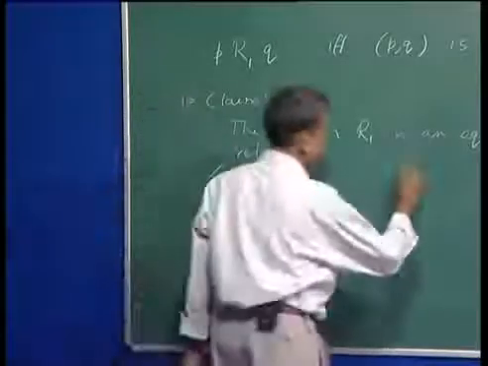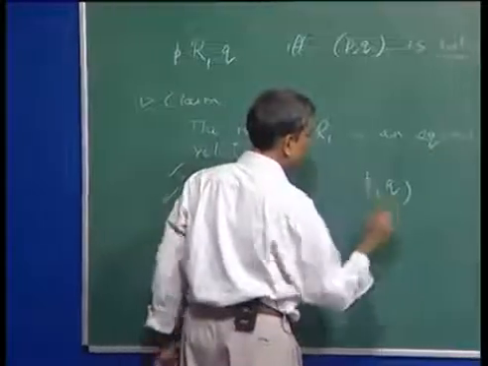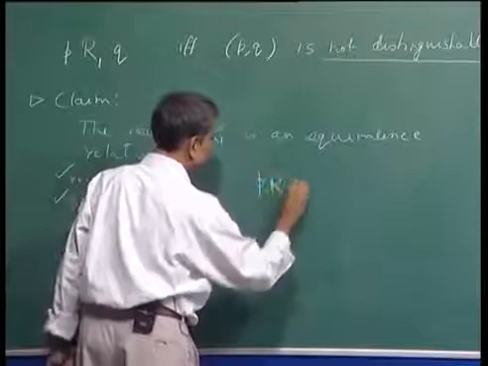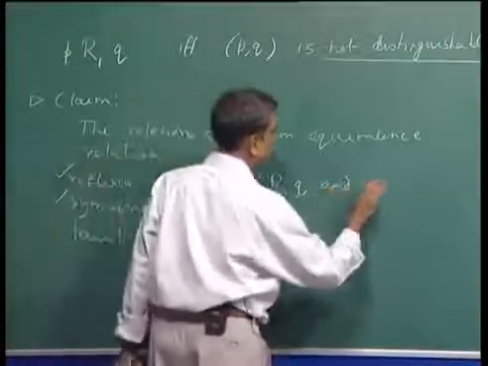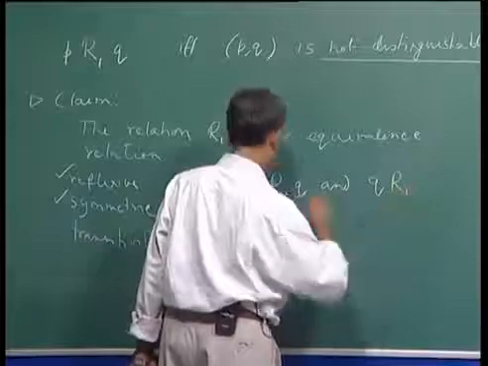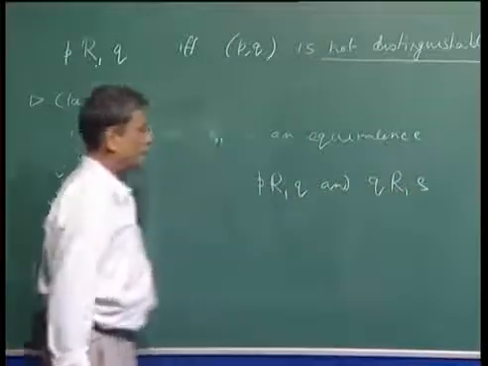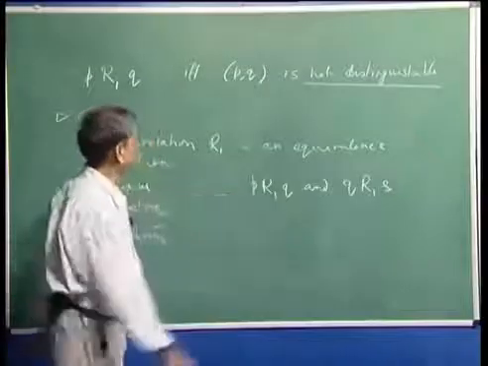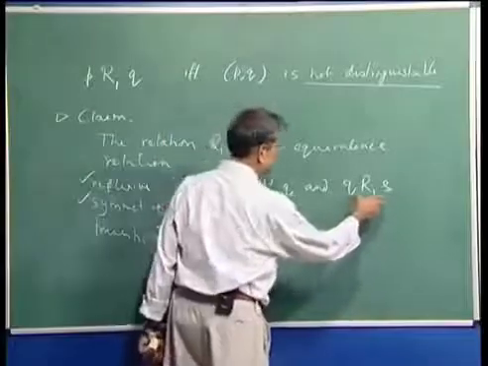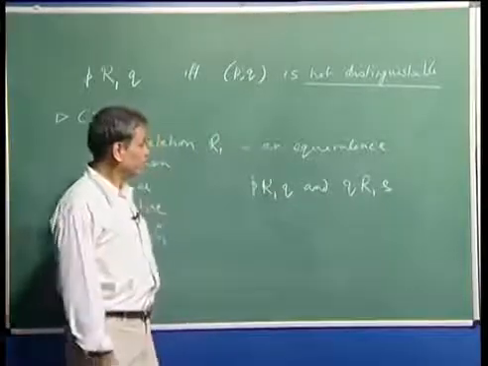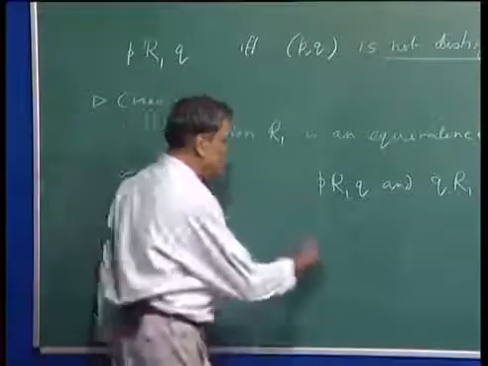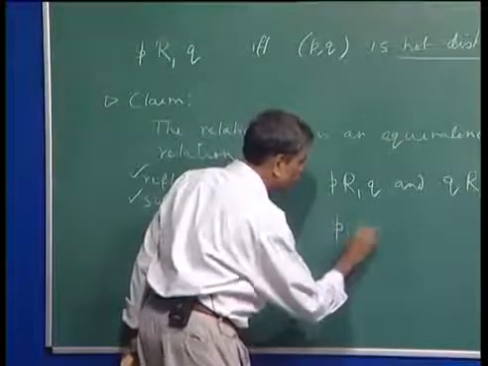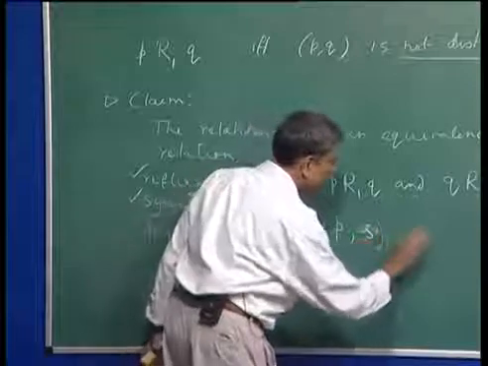So, let us say that P and Q are not distinguishable, so they are related by this relation, and Q and S are also not distinguishable. This pair PQ is not distinguishable, and QS is also not distinguishable. Can it happen that this pair PS is distinguishable?